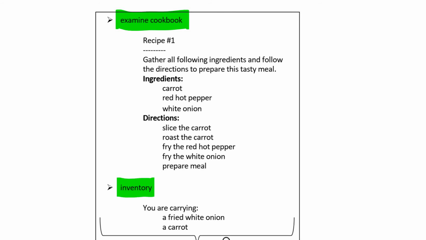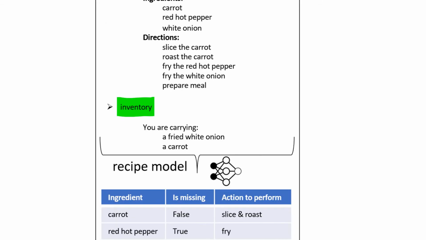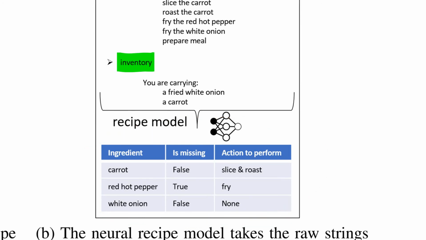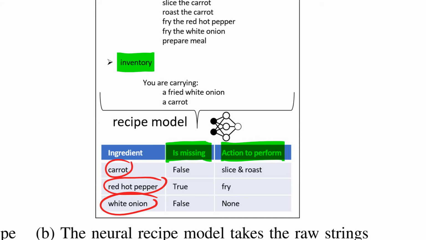And it outputs something like this. And this is a table representation of what it outputs. It will output all the ingredients that you need for the recipe, whether or not this ingredient is currently missing from your inventory, and the action to perform. So which actions still need to be performed.